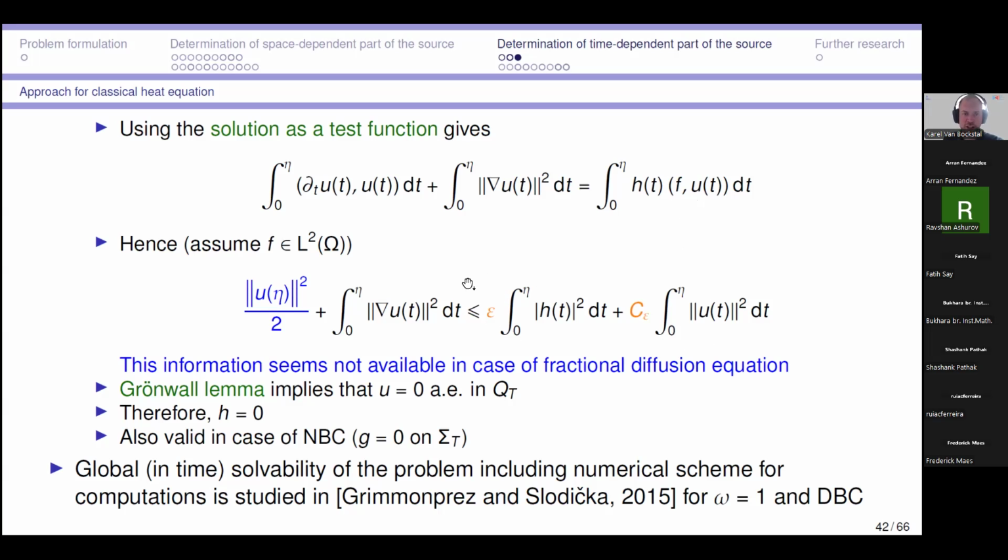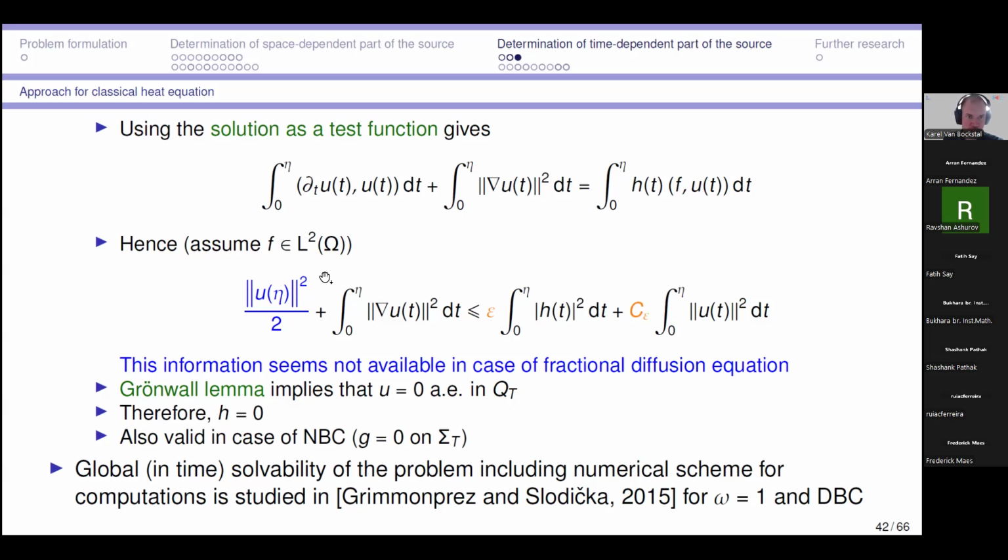So you get this right-hand side, and one advantage of the heat equation is that on the left-hand side you get the L2 norm of u at the time point eta to the power 2 divided by 2, such that terms from the estimate of h of t, so the gradient of u, can move to the left-hand side. You take epsilon sufficiently small and then apply Gronwall's lemma, and you obtain that u equal to 0 implies h equal to 0, so uniqueness of a solution.